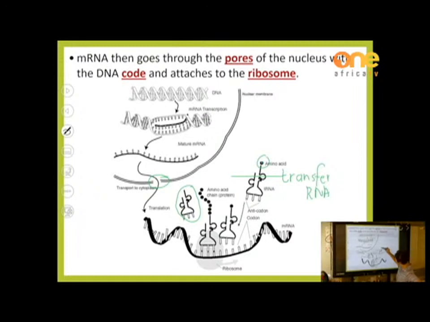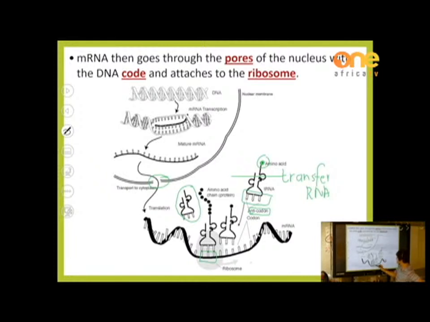So this amino acid will only be attached to this specific 3 bases. These 3 bases are called the anticodon. This anticodon inside the ribosome will fit a specific sequence of 3 bases on a mRNA, and that we call a codon.